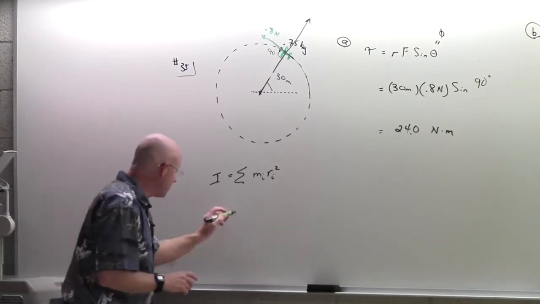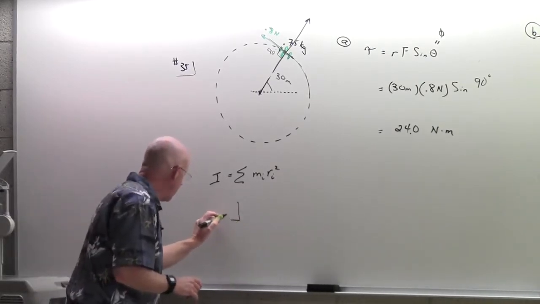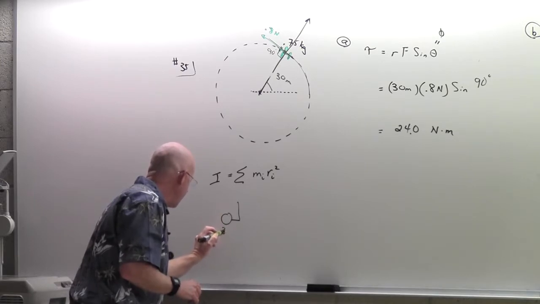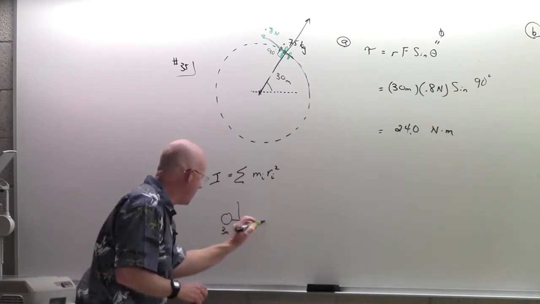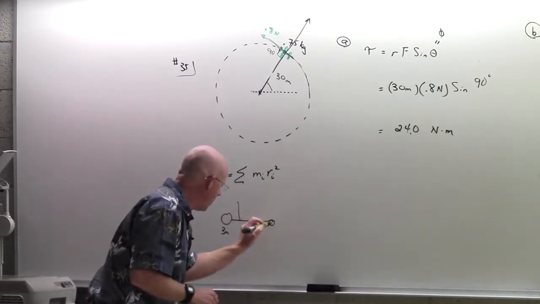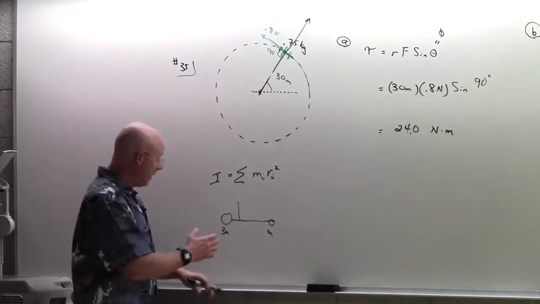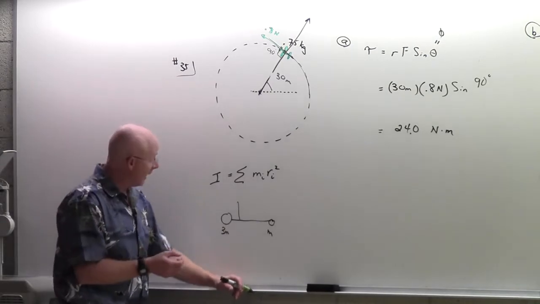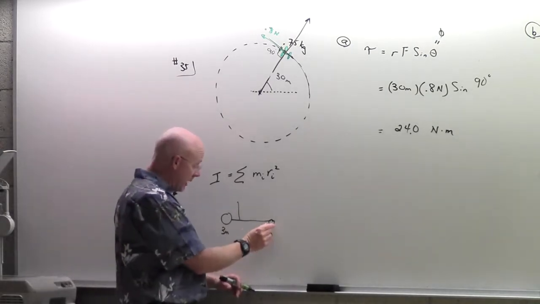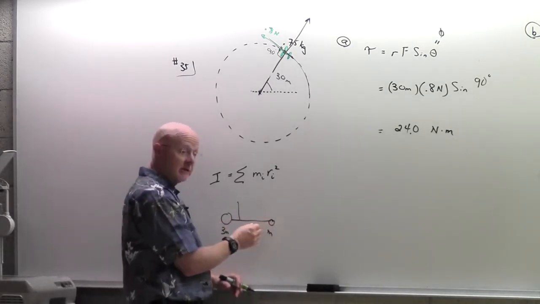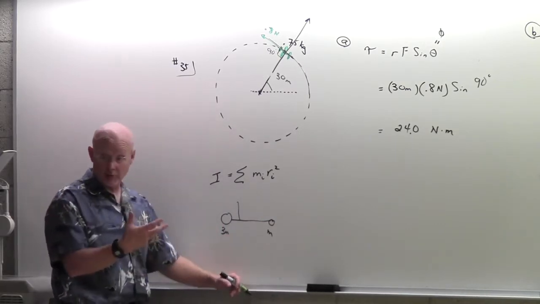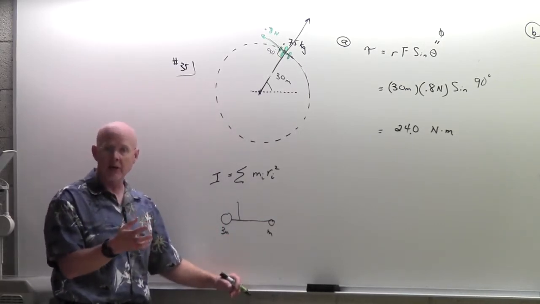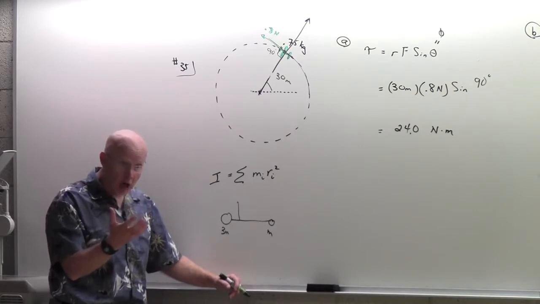Our simple case was we took this object that had 3m on one end of it and a 1m on the other, and all we did was add those two pieces together. And we kind of treated the little blobs as having all the mass at that point, until we started doing more complicated things like the hoop and the disc and the rod.